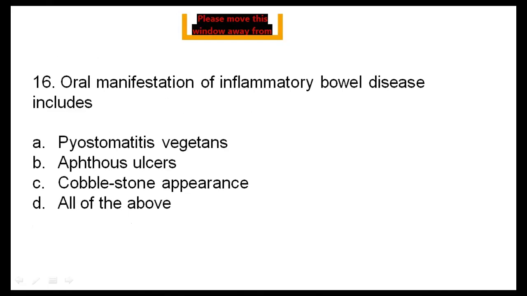Oral manifestation of inflammatory bowel disease includes... Okay, 1C and the 3Ds.